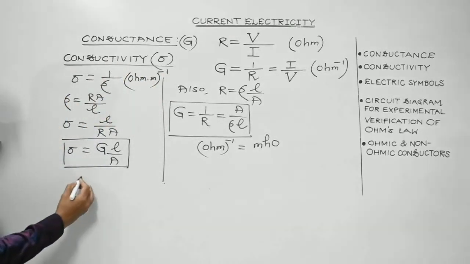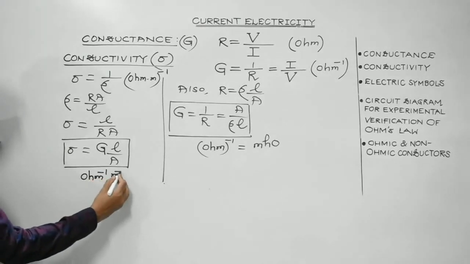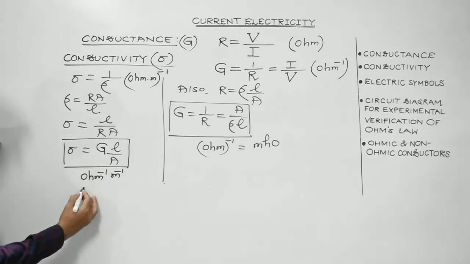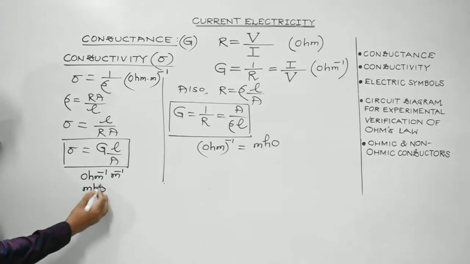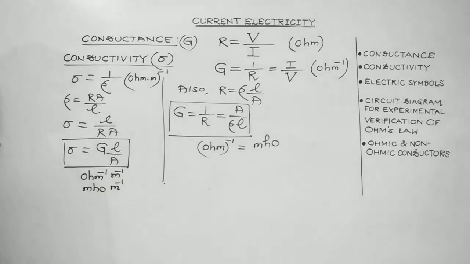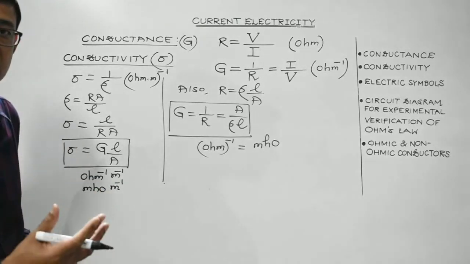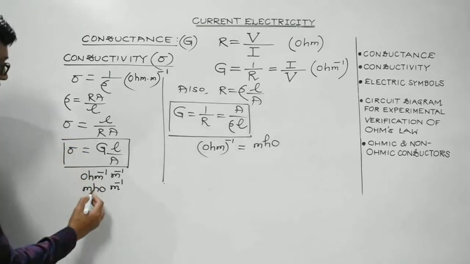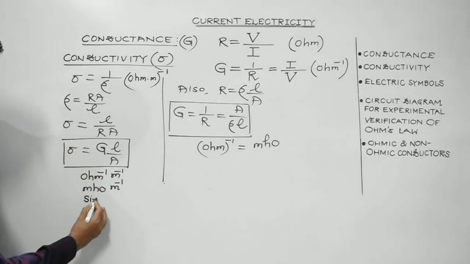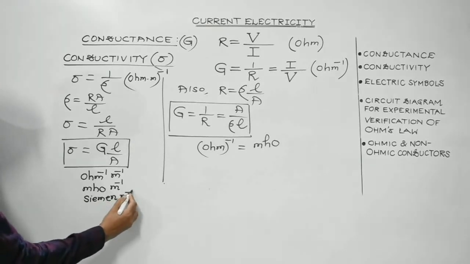So SI unit of conductivity is ohm inverse meter inverse, or as I stated earlier, ohm inverse is also known as mho. So it may be written as mho meter inverse. Mho, students, actually ohm inverse is also known as Siemens. So it can also be written as Siemens meter inverse.